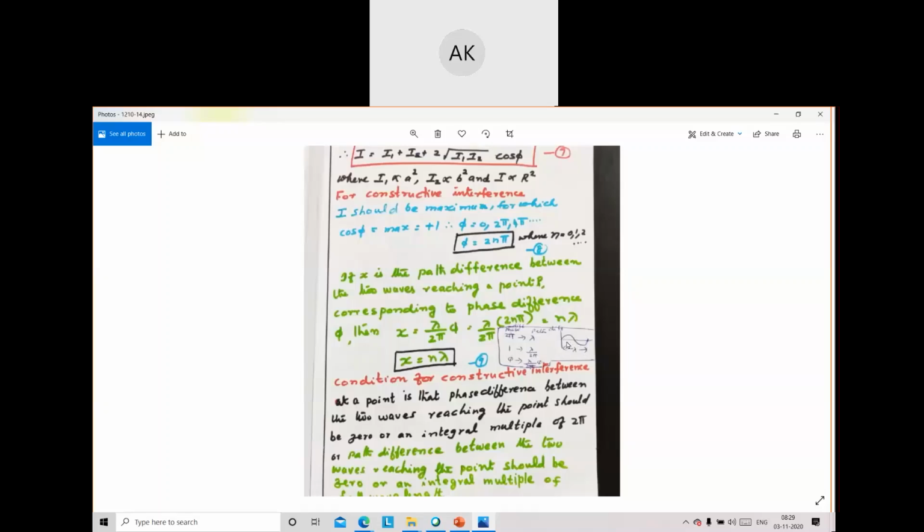And for that, what is the phase difference? 0, and here it is pi by 2, here it is pi, 3 pi by 2, and 2 pi. So one wavelength corresponds to 2 pi radian. So for 2 pi phase difference, what is the path difference? Lambda.